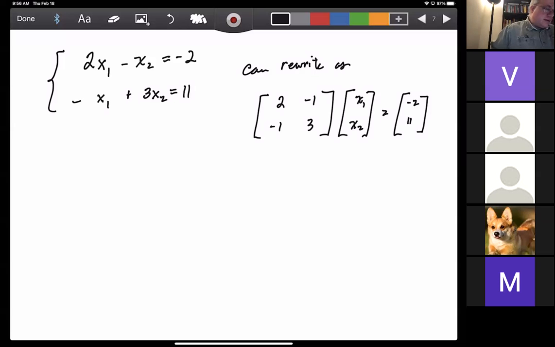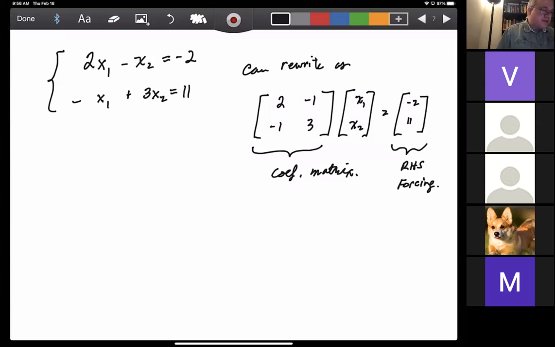What we have here is called the coefficient matrix. We sometimes call this the right-hand side or the forcing.